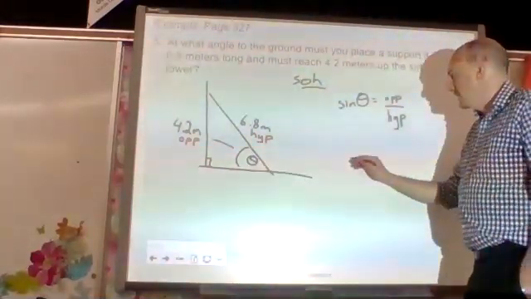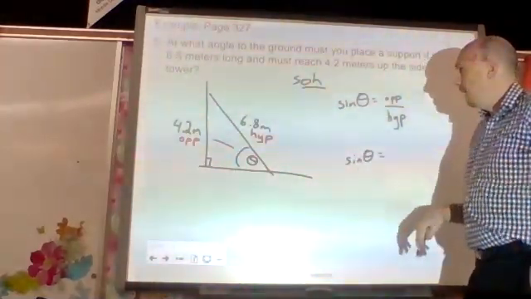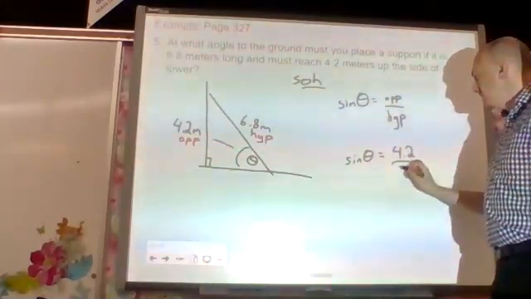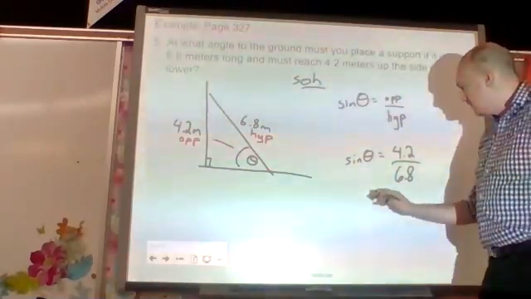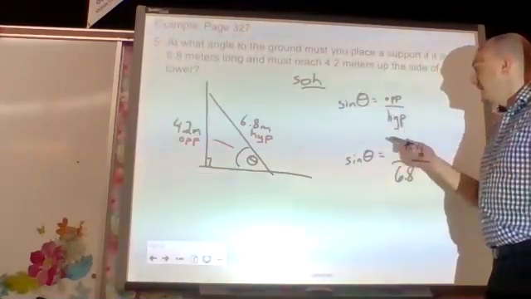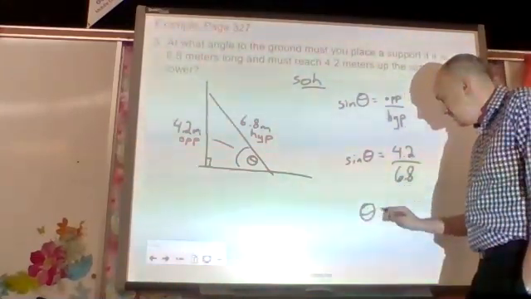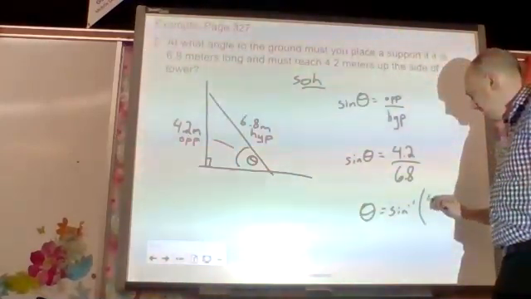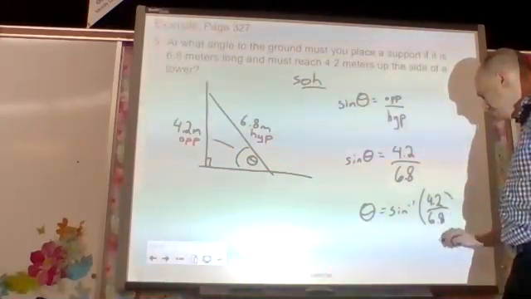We don't know what theta is, so sine theta equals 4.2 over 6.8. To get rid of this sine and get theta by itself, I do the opposite operation. So theta equals sine inverse of 4.2 over 6.8.